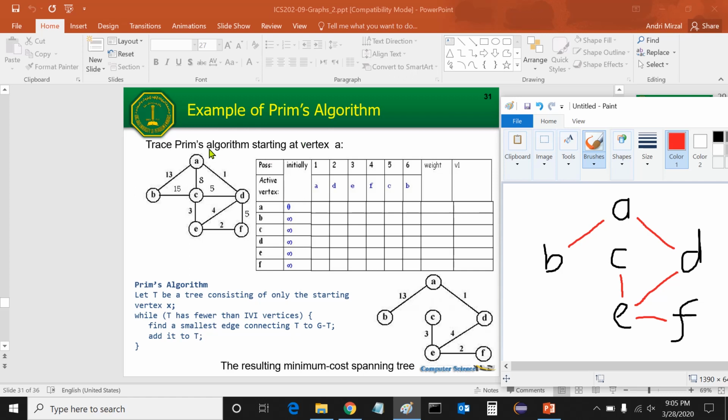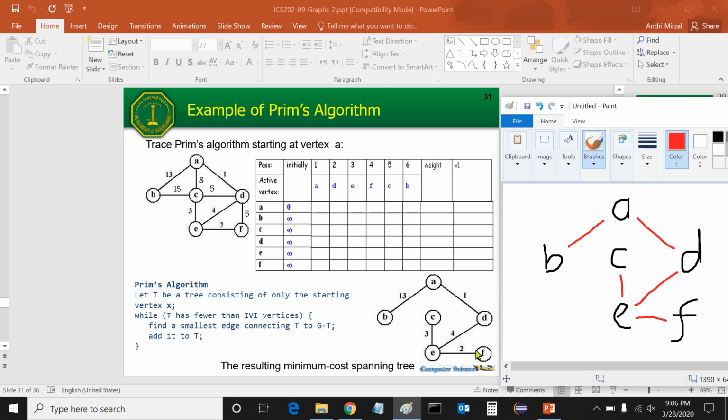You know that if you apply Dijkstra's algorithm to find the shortest path from the starting vertex A to the rest of the vertices in the graph, then from A to F, for example, the shortest path will not be like this. Because if you think that this is the shortest path, the total cost from A to F will be 1 plus 4 plus 2.